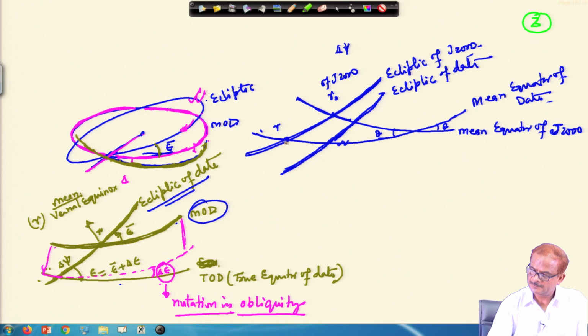From there we got this line, the mean equator of date, and we have also shown earlier this line, which is the ecliptic of date. This point here is gamma, and with this point we start, and then we go to the equator of date.